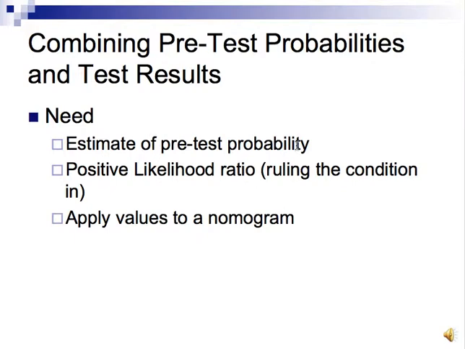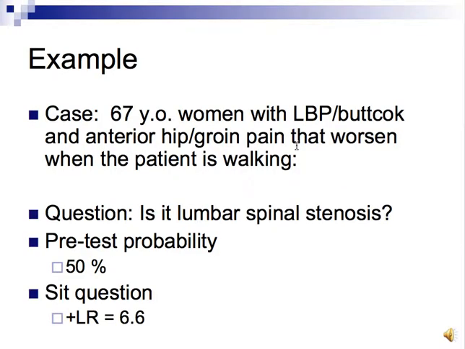So basically, you're combining pretest probabilities and test results, and so you need an estimate of pretest probability from prevalence, and then you're going to use your likelihood ratios to look at how this applies to your thinking, and in order to do that, you're going to need something called a nomogram. Okay, so let's stick with our example.